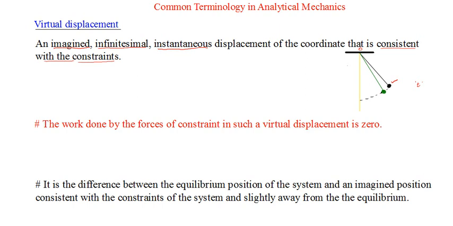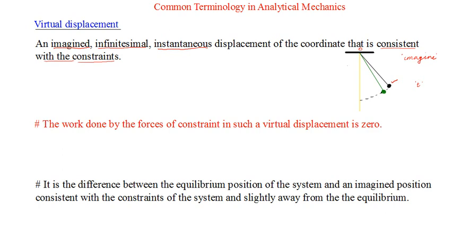Now what I'm going to do is imagine; I'm not letting the bob move, but instead I'm going to imagine. That is something very important. I'm going to imagine another position that can be attained by the bob at the same instant.